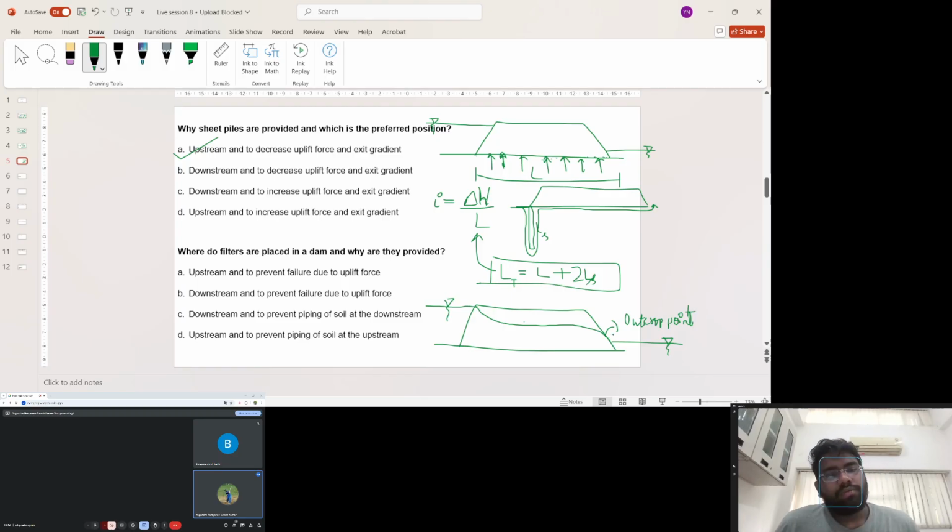If the outcrop point is on the downstream slope, then erosion will occur, which will in turn damage the entire embankment.